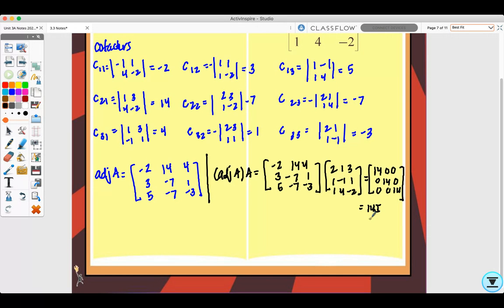So therefore, by theorem 8, my determinant of A equals 14.